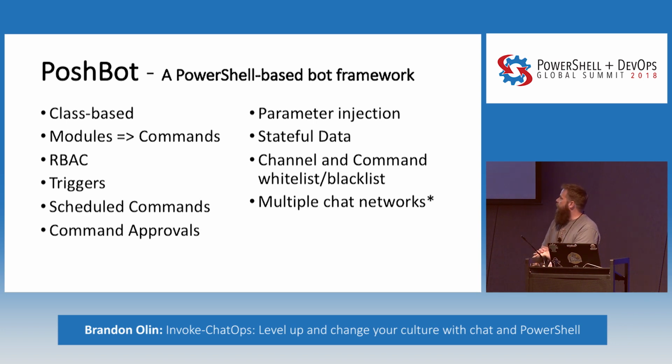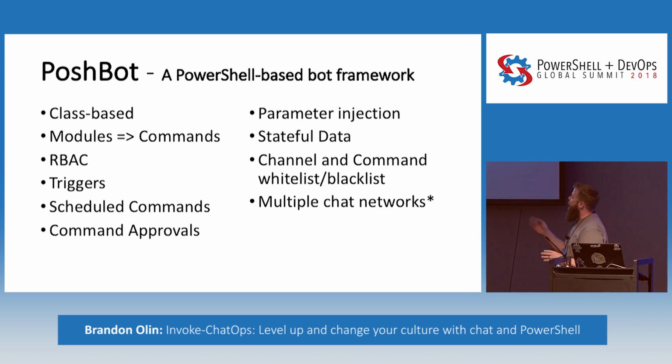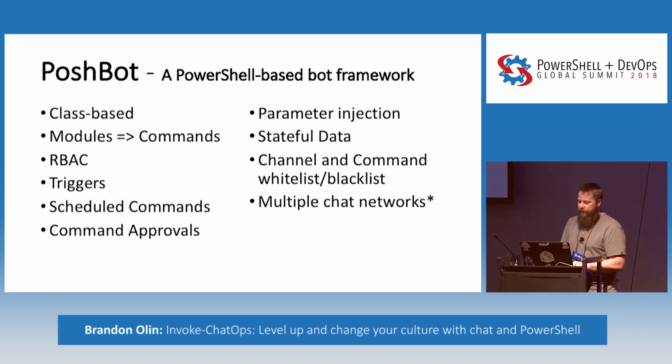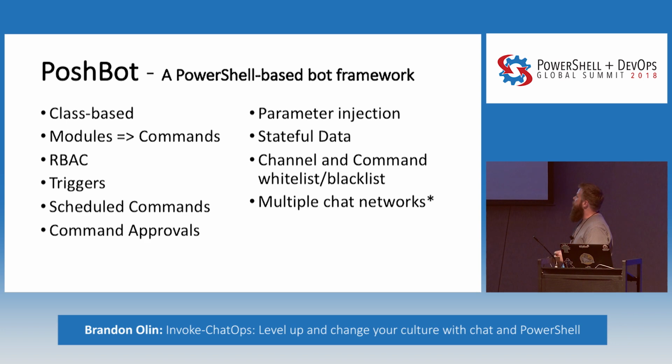It has a notion of role-based access control. You obviously want to secure some of these commands from people. Not everyone should be able to execute everything. I'll go over some triggers and scheduled commands and some of the other functionality that the bot will give you that you may find interesting to enable certain scenarios, such as parameter injection, stateful data, blacklist and whitelist for commands and channels.